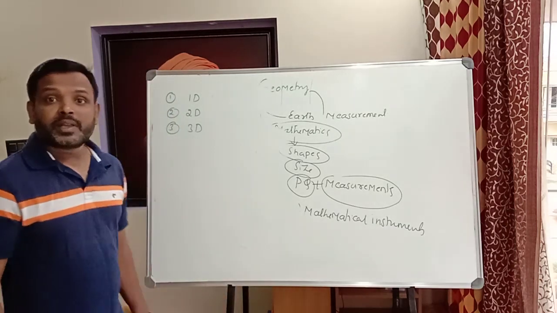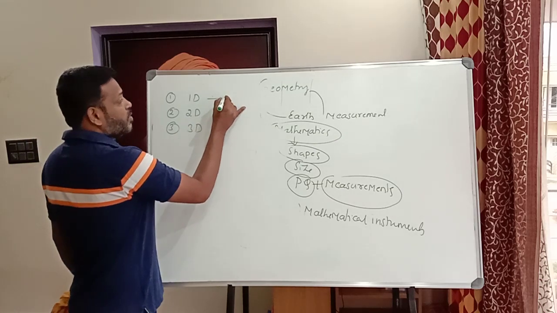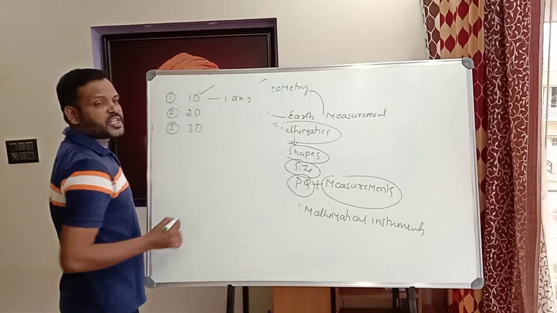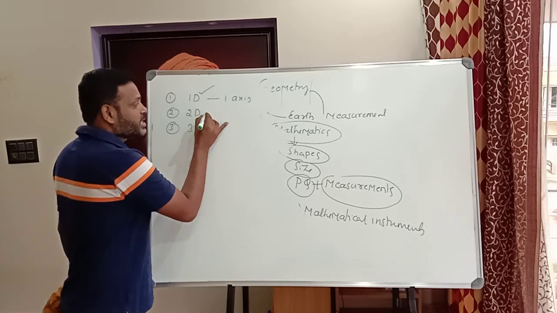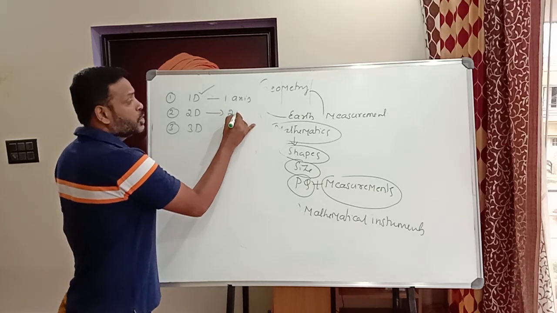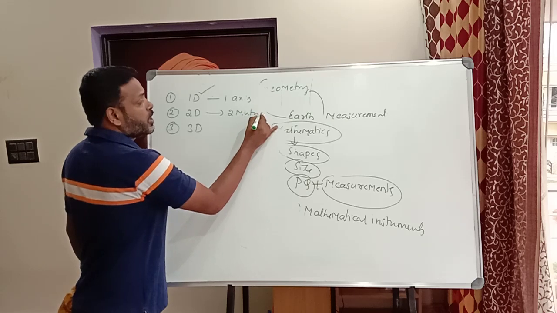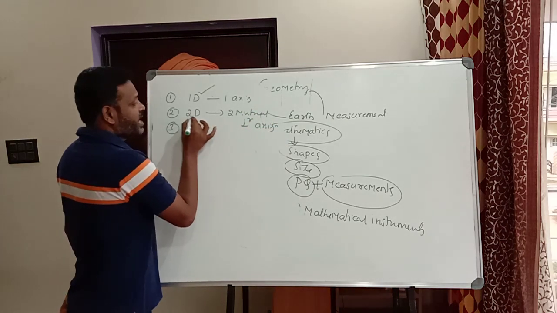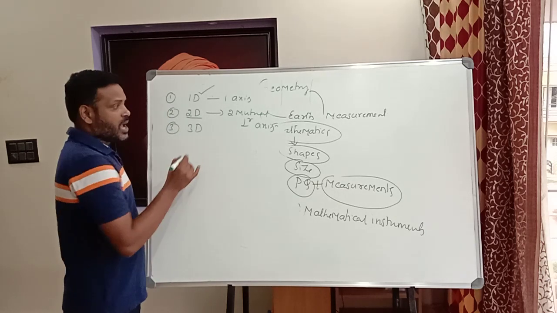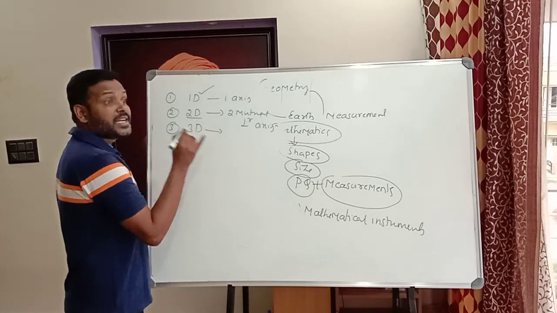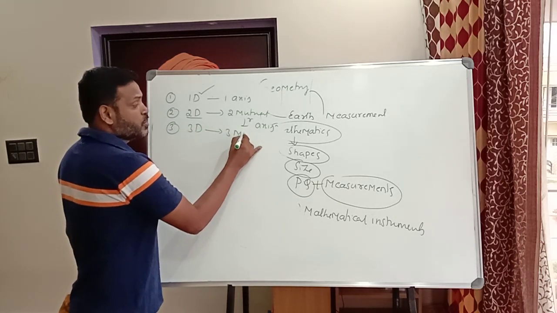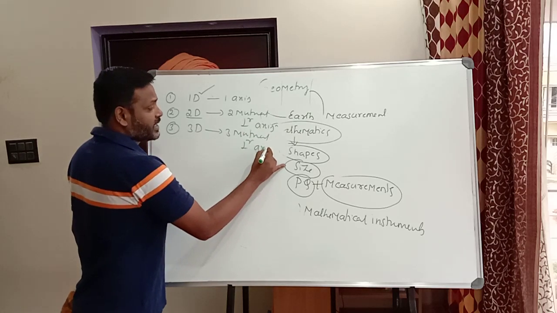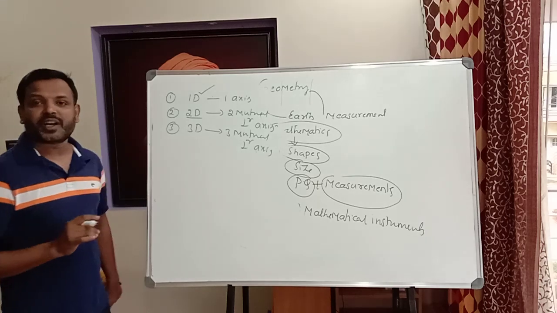Any system determined by only one axis is called one dimensional, a system determined by two mutually perpendicular axes is called two dimensional, and any system determined by three mutually perpendicular axes is called three dimensional.